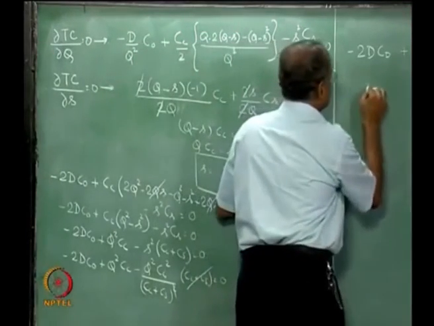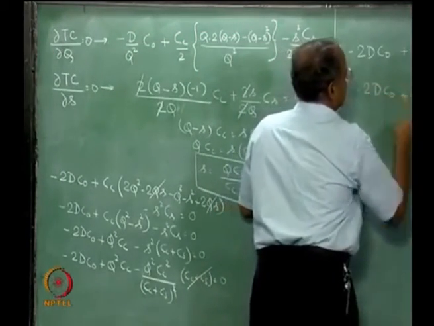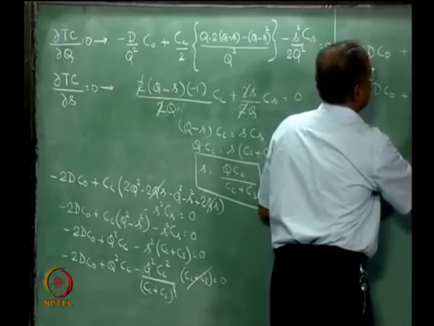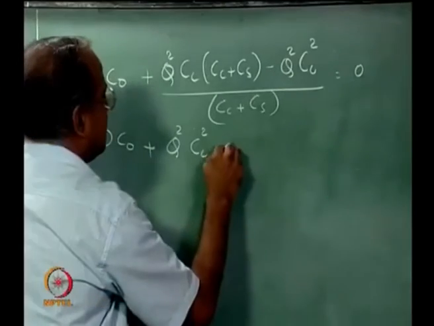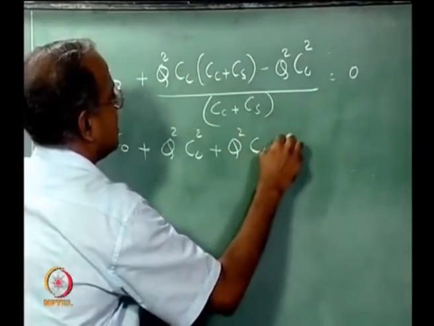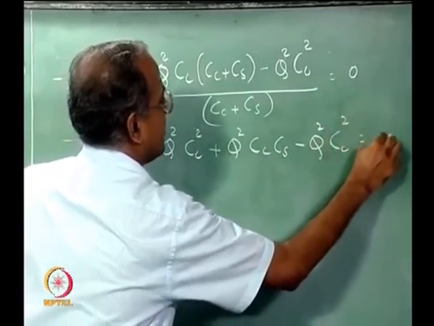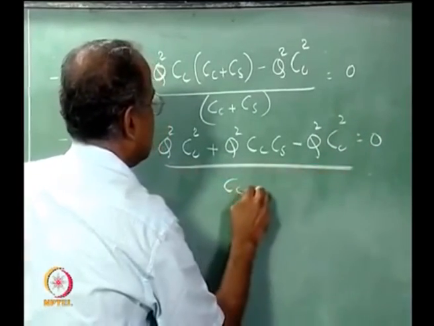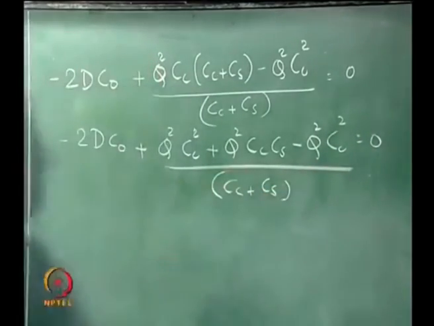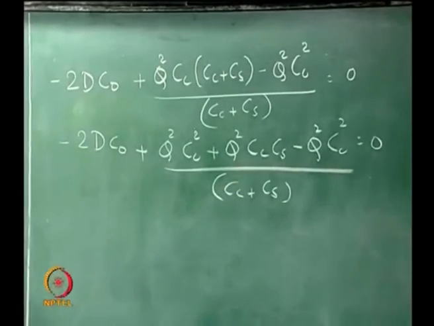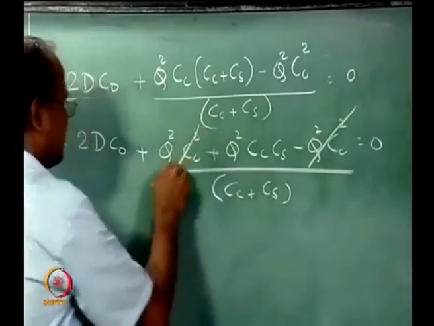Now, minus 2d C naught plus q square Cc square plus q square Cc Cs minus q square Cc square divided by Cc plus Cs equal to 0. Now, these two terms will get cancelled.